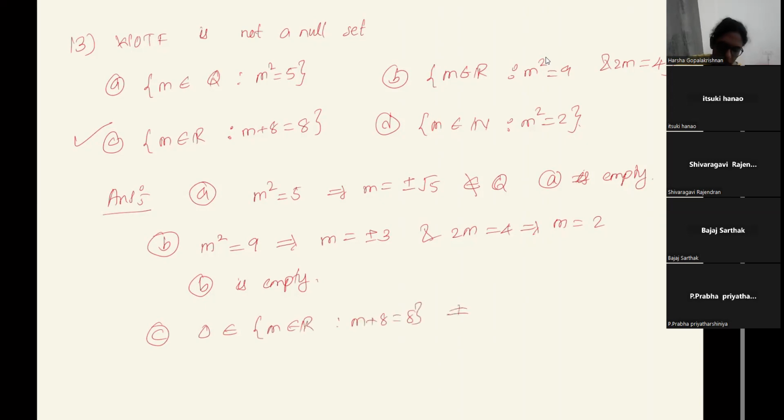Now, option D: m square equal to 2 means m equals plus or minus root 2, which does not belong to the natural numbers. The set is given as the set of all natural numbers such that m square equal to 2. So D is also empty.